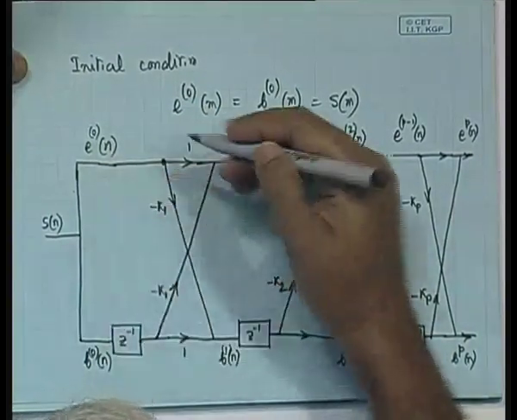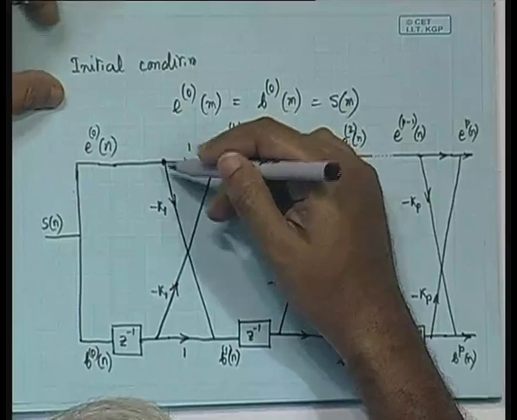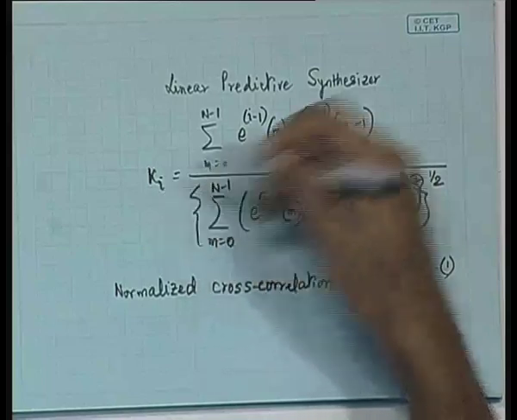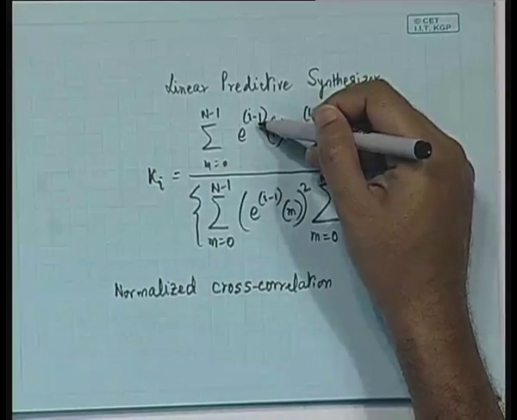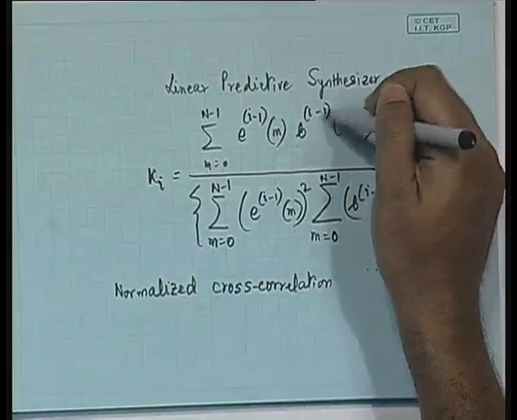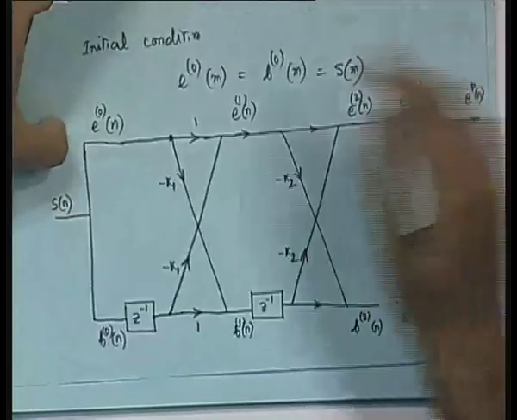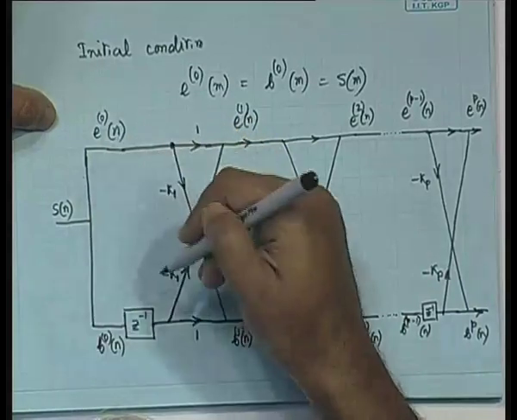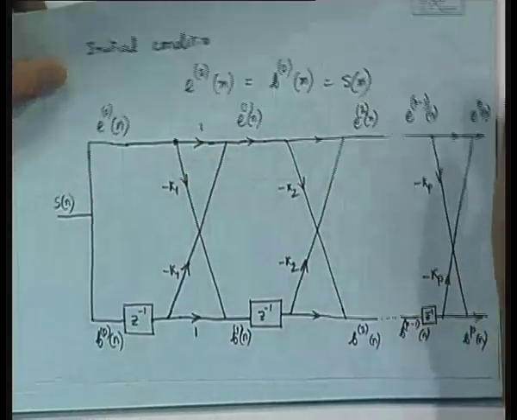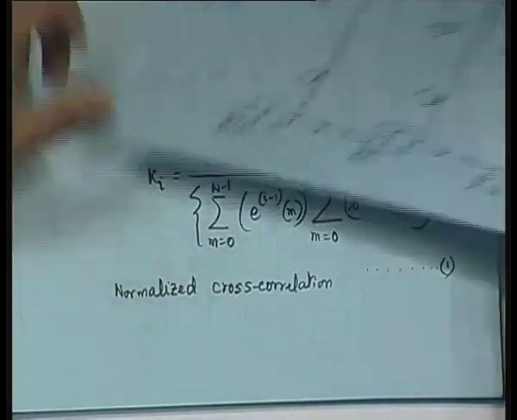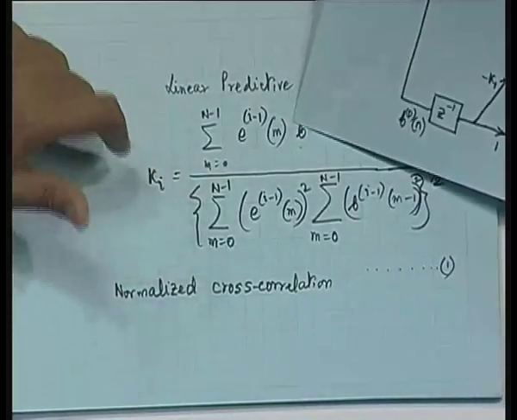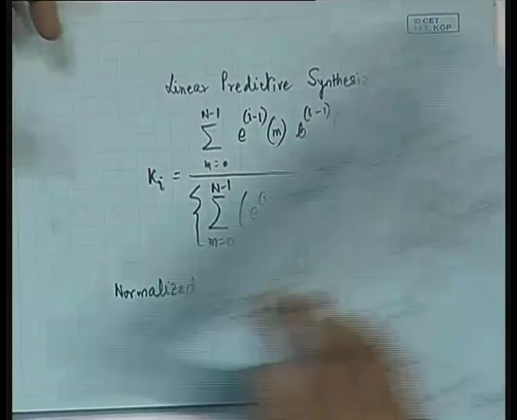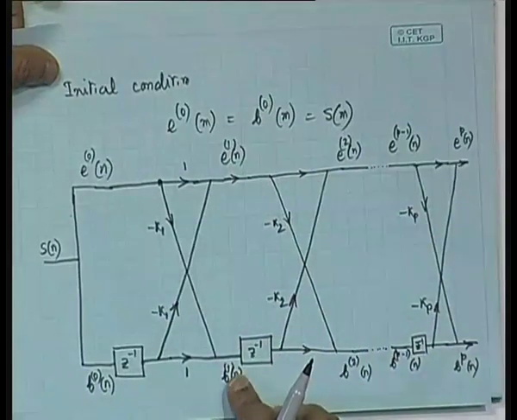We already have the E0 and B0, and then we can compute the K1. That's from this expression, because K1 needs what? It requires E0[m], it requires B0[m minus 1], and we already have that. So using this E0 and B0 and this delay element, it is possible for us to calculate the K1. And once the K1 is obtained, we will be able to compute E1[n] and B1[n].